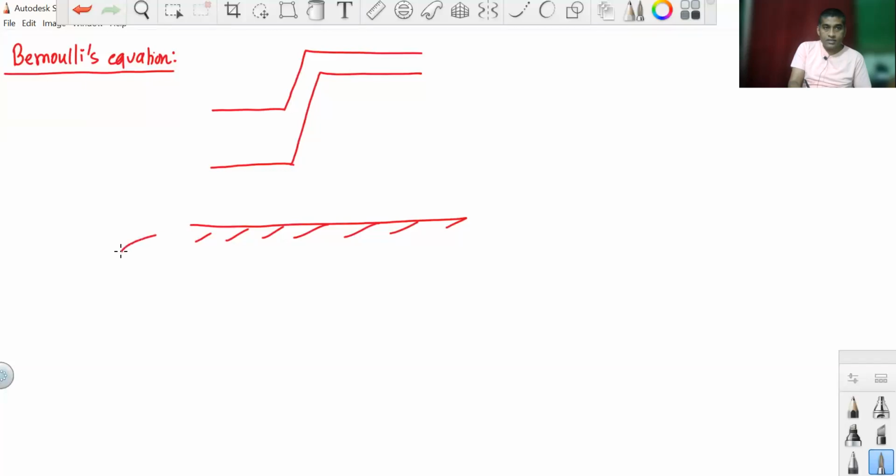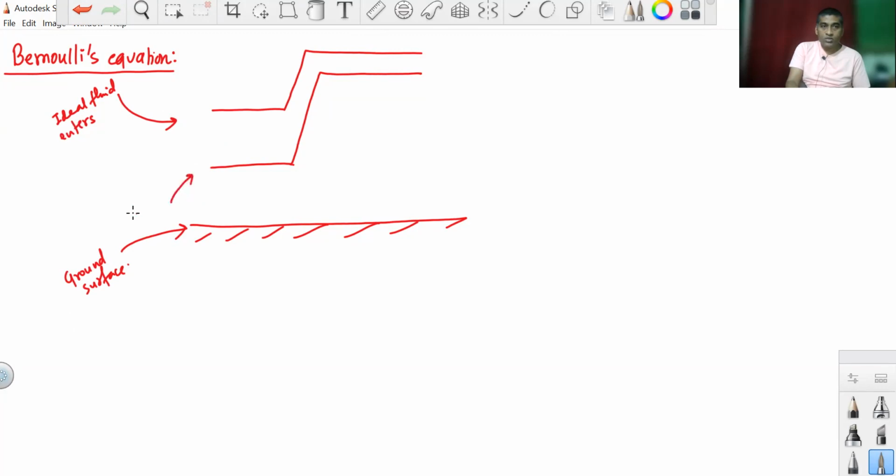Let this be the ground surface. Let ideal fluid enter from this end of the tube. So this is called the input end.